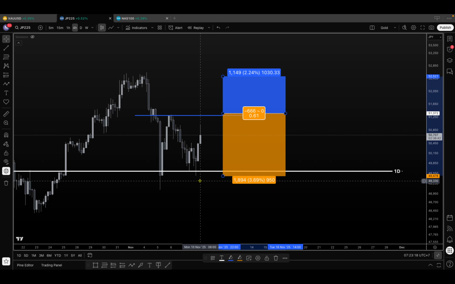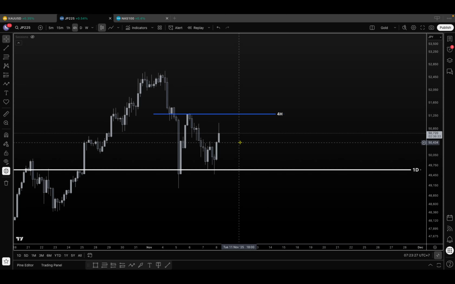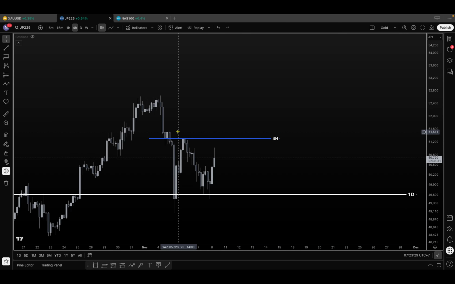But because of this, I will have a negative risk and reward ratio, which is something I don't want to have in my trading strategy.